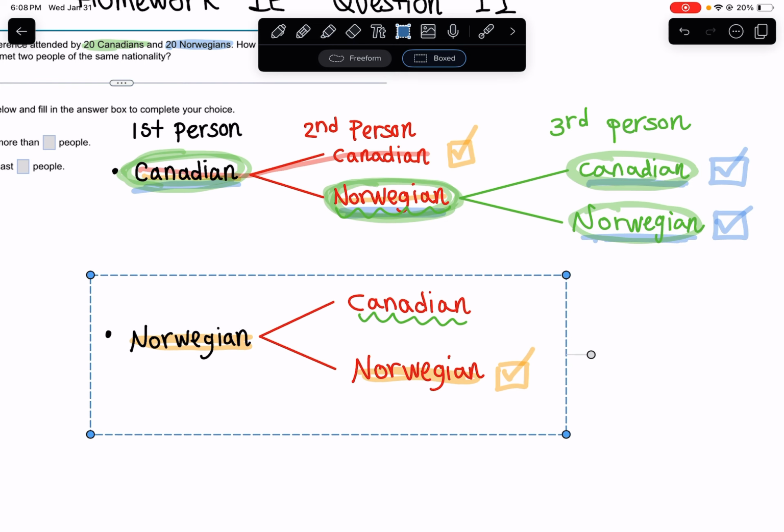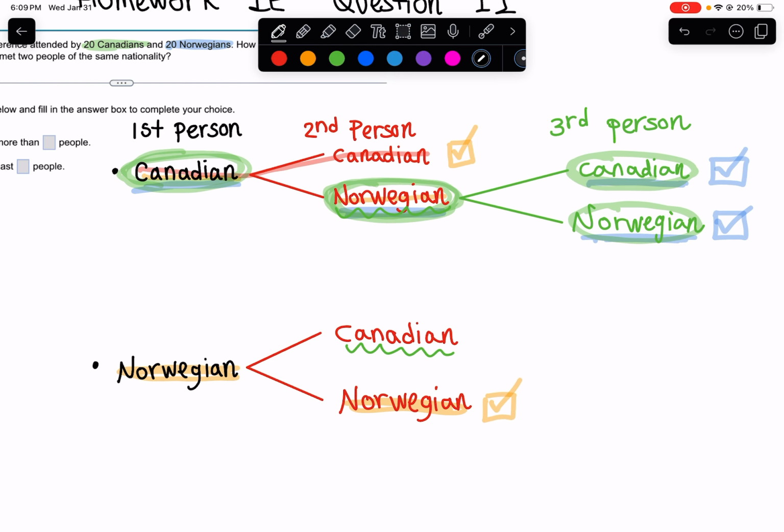Now, I'm going to take a look at these two branches. I'm going to take a look at every case possible. So if I met Norwegian, Canadian, the third person is either going to be Canadian or Norwegian, right? Now look at this with me, okay?